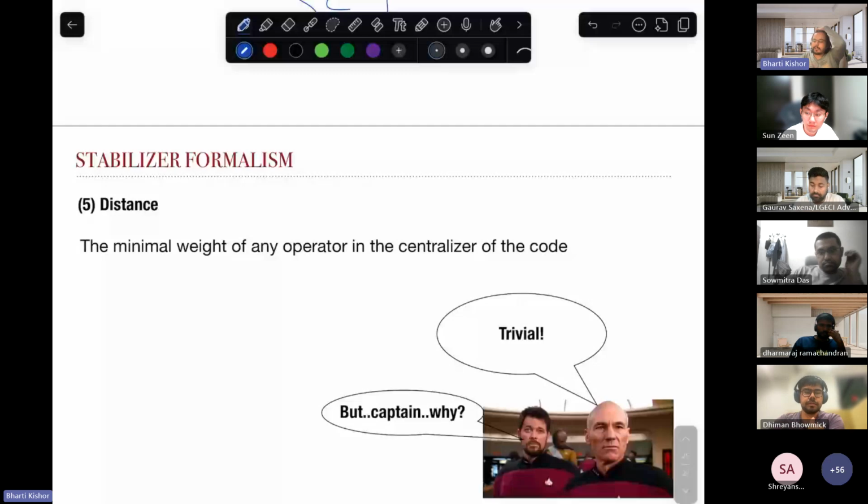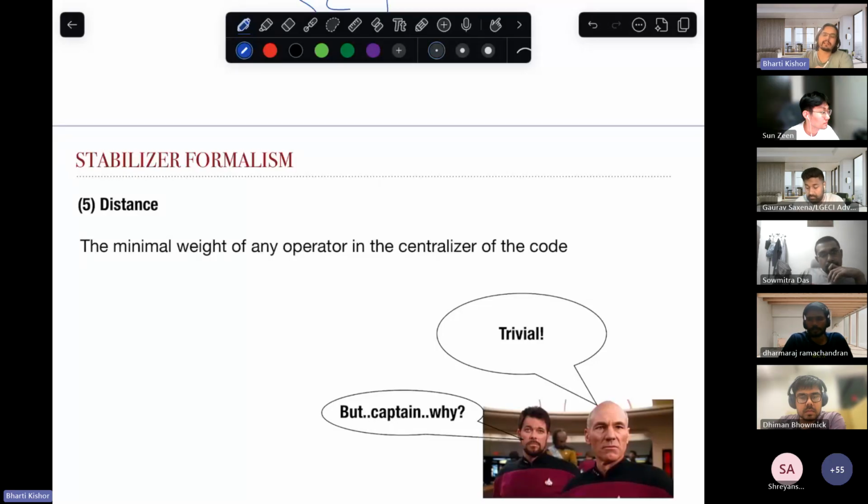And once we have characterized this, sorry, centralizer minus the stabilizer I should say, then the minimal weight of any operator in this set gives you the distance of the code.